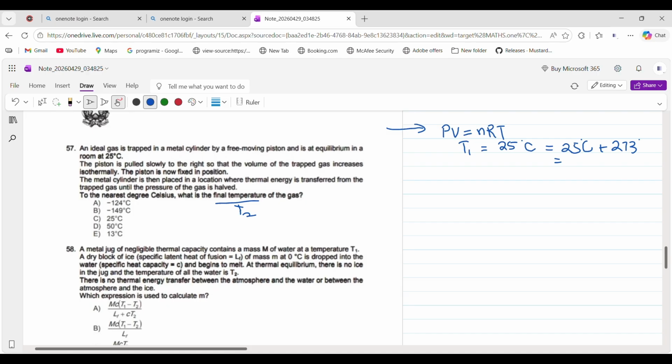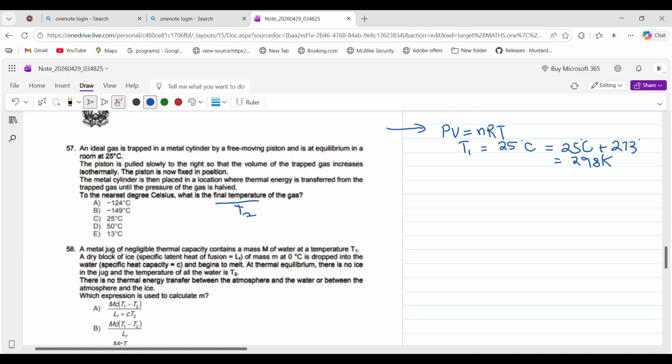When you have to convert degree centigrade into Kelvin, you will just add 273 to the centigrade value given to you. Okay, so 25 plus 273 comes out to be 298 Kelvin. So now we have our temperature in Kelvin basically.